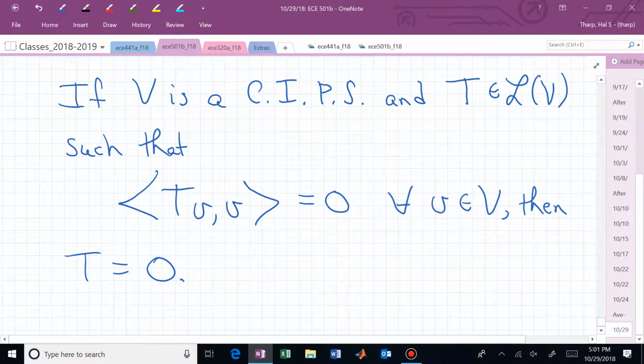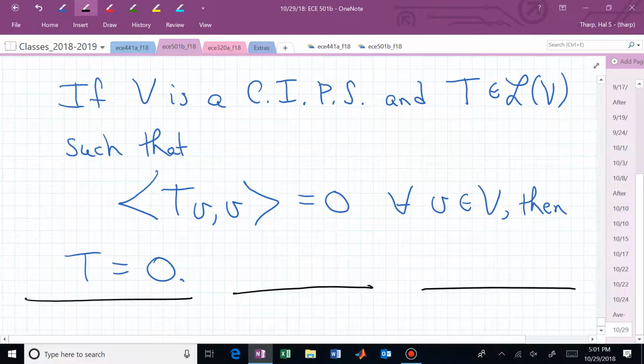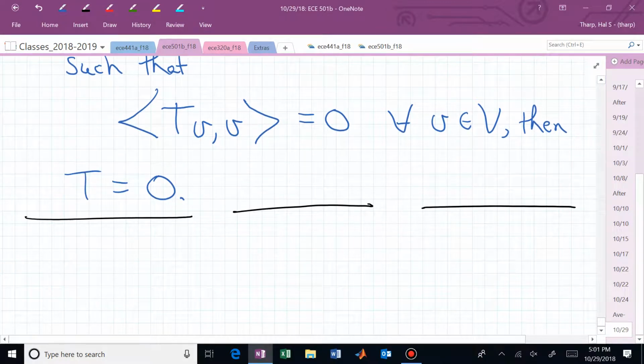That's 7.14. If we have a map that, when applied to any vector V in our vector space, and we take the inner product of that TV with V, gives us 0 for every vector V, the only map that's going to work is the zero map. So the map is such that whatever you apply it to, it gives you the zero vector.